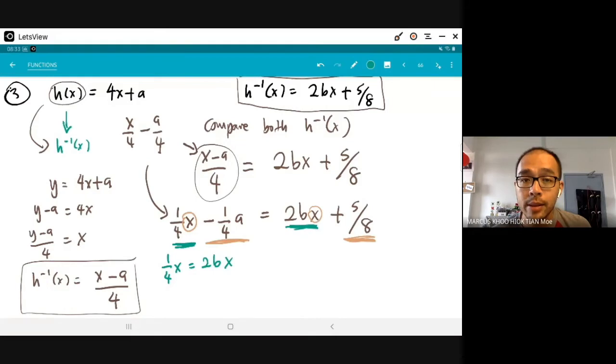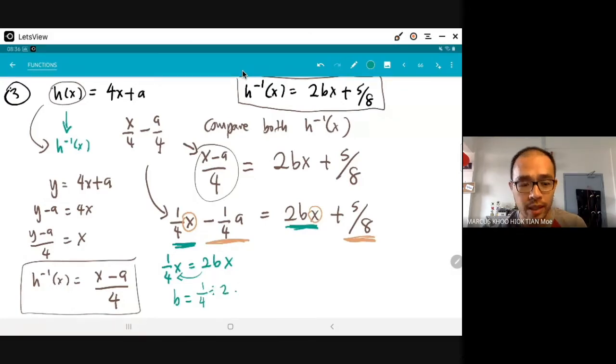Can you try? I'll start from here. 1 over 4x equals 2bx. I can get the value of b. The x will disappear, so it divides by itself. Can anybody tell me what's the value of b? If 2 moves to the bottom, it becomes 1/4 divided by 2.